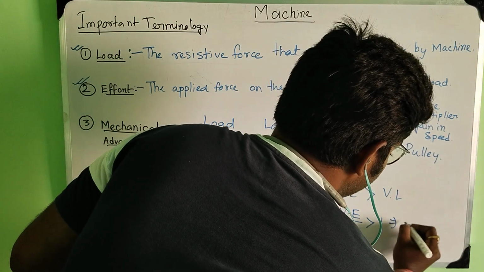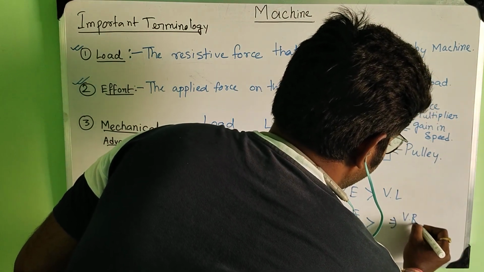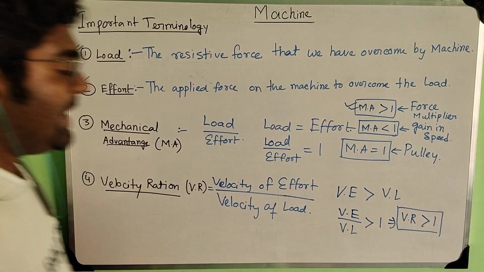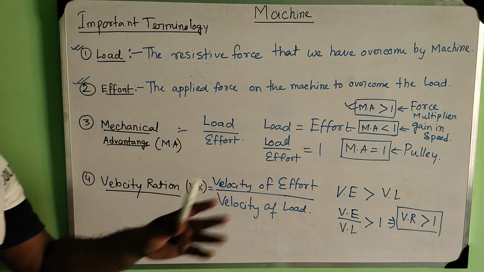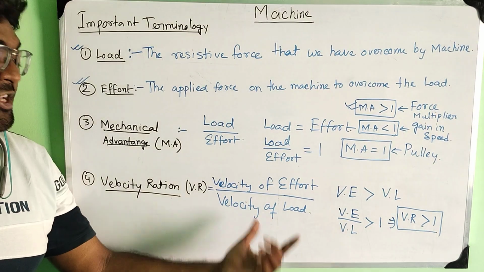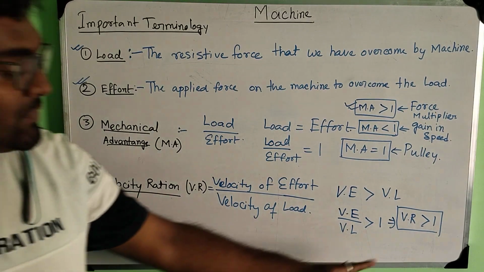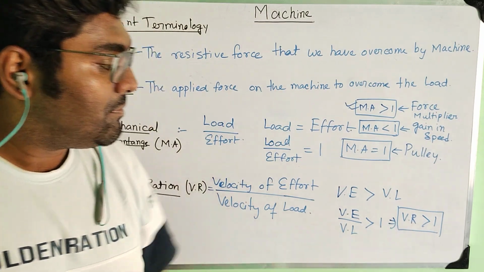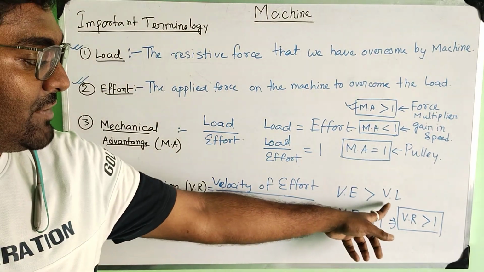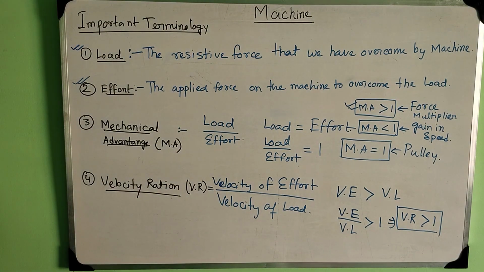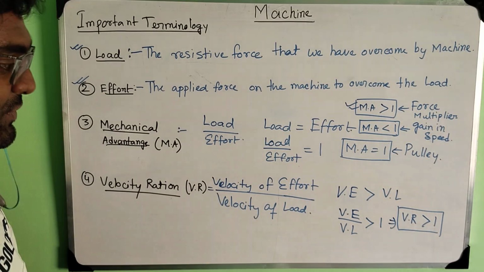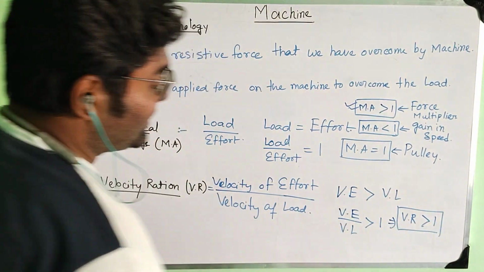That means VR is greater than 1. So again, this velocity ratio also determines which type of function the machine will do.